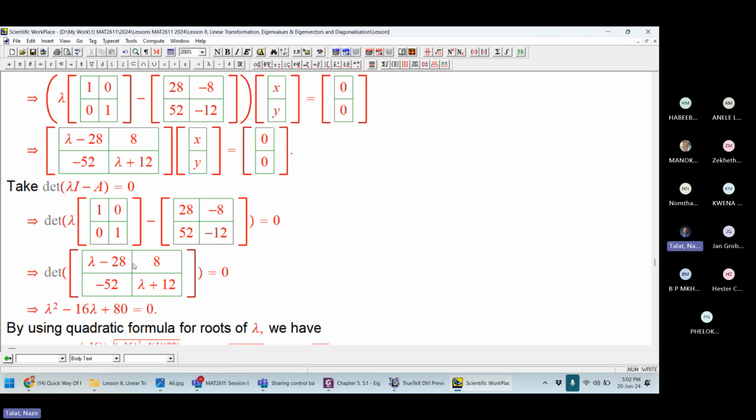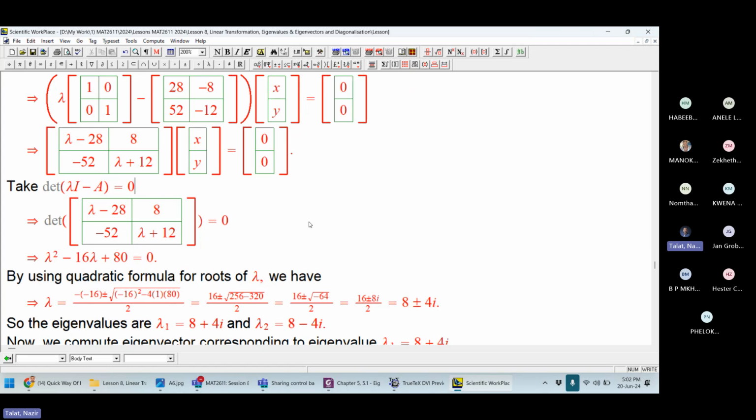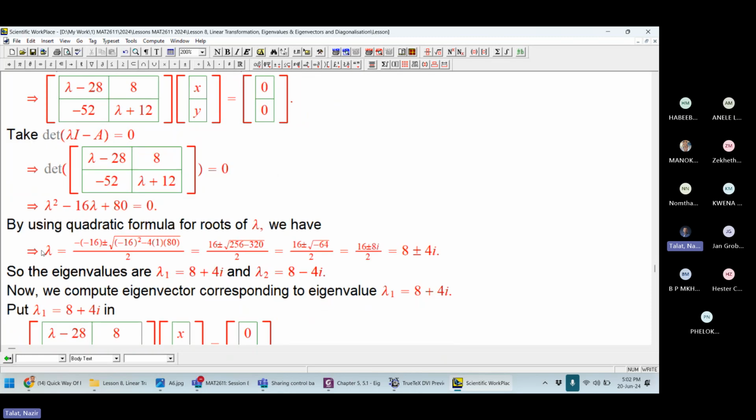Take its determinant, and it will give you the two roots. Sometimes the eigenvalues can be real and sometimes complex, because the roots of a polynomial can be real or complex. If it's complex, then still we can find the entries.